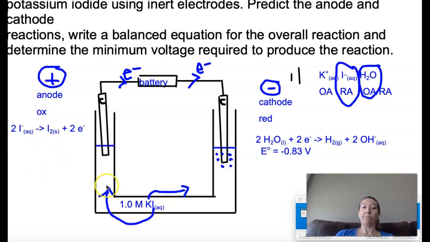Okay, so if we were doing this, you would see that what starts to be generated over here is a dark brown solution. And that's because iodine is dark brown. So you would see that it would start to make the solution and it would sink to the bottom. And that's because iodine doesn't really have a great solubility. It's somewhat soluble, but not really. So it's going to start to spread down, usually just the bottom. It's not going to start to climb back up this side.